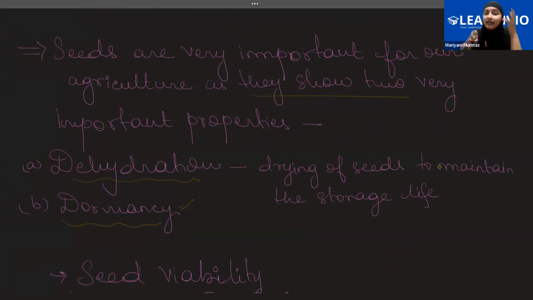How are those seeds living? Those seeds are live. When you plant them, germination happens. So this is a great property of the seed that we can dehydrate them. Their water content can be taken away, and they will still be living, and as soon as you provide water to them, they will germinate.